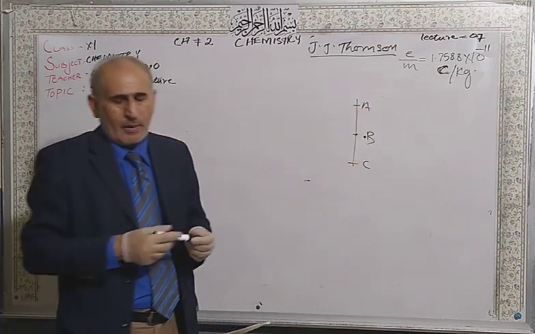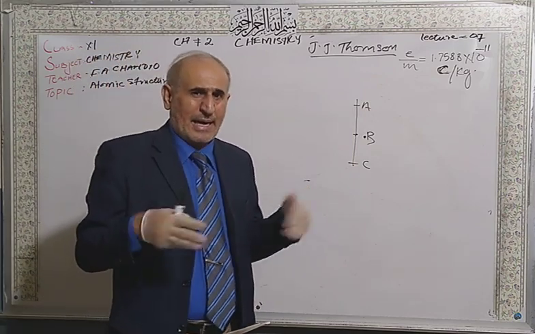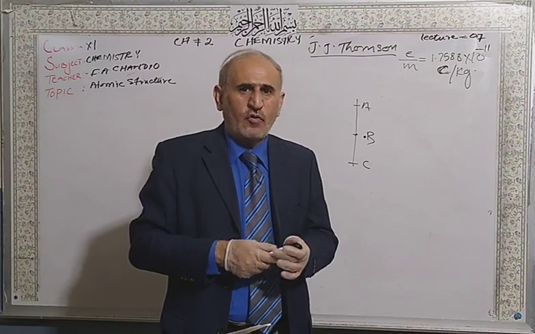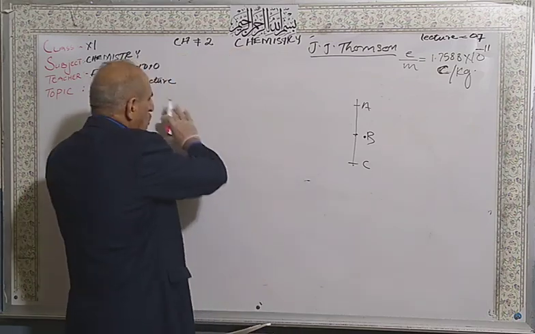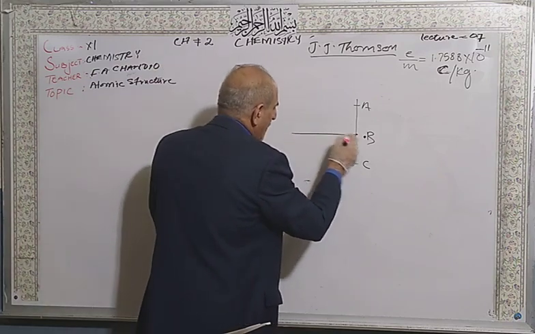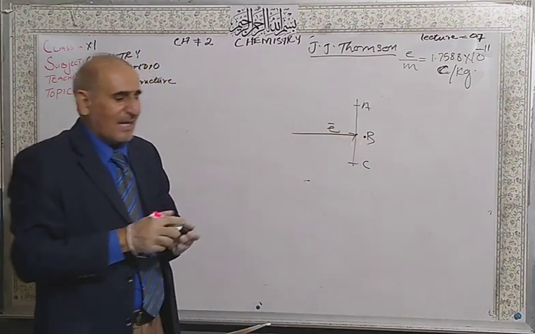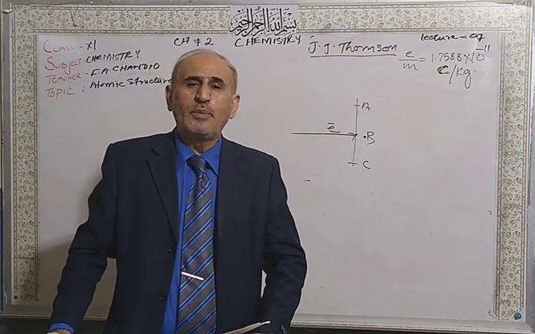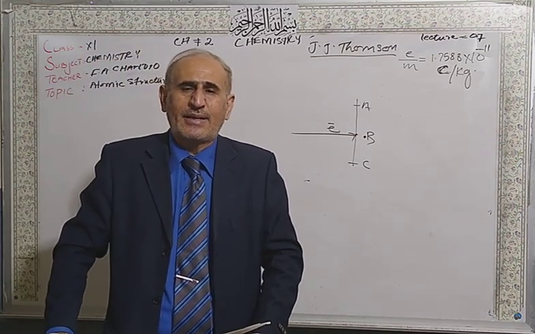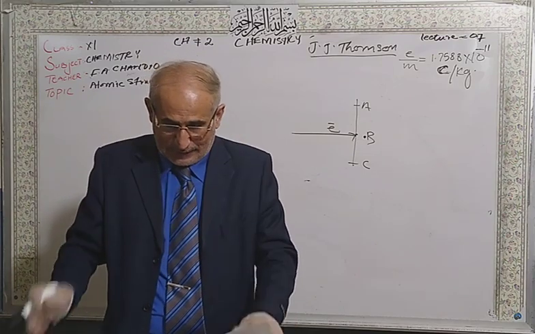In the absence of electric and magnetic fields, using the discharge tube, the electrons strike at point B, the center, straight. It means they travel in a straight line.